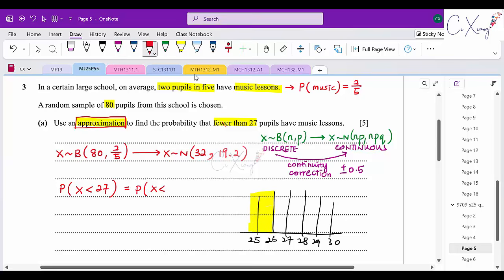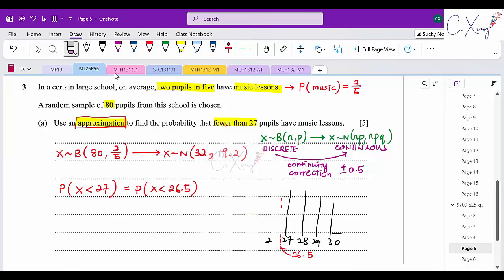The continuity correction value should be the line slightly behind the area that we want to find. According to this graph, the value between 26 and 27 will be 26.5. So the continuity correction here should be 26.5. This is the step of finding the continuity correction.